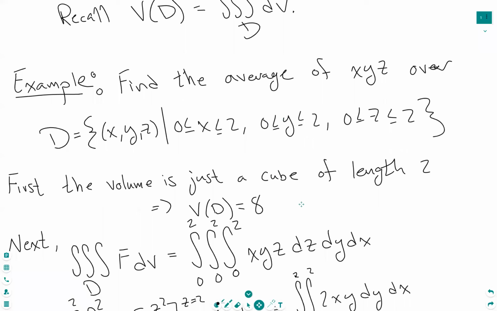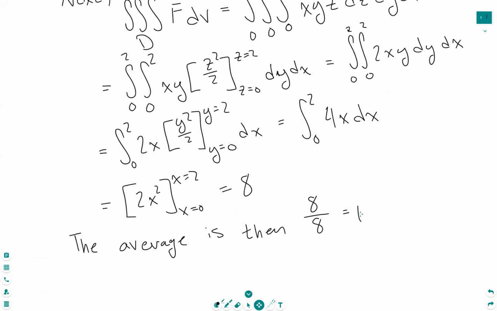If you add those up and you had 8 of them, the average would certainly be 1, but now you're doing this in higher dimensions, so it works out that this average is in fact 1 here.